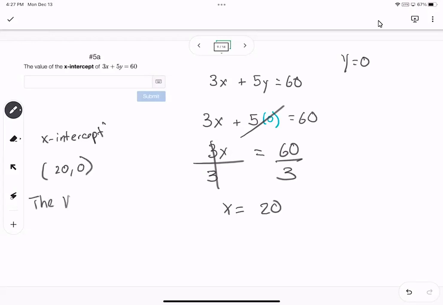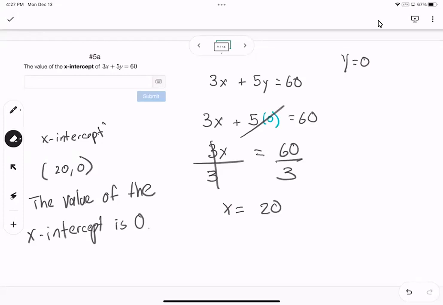The value of the x-intercept is 0. Nope, what am I saying? Is 20.